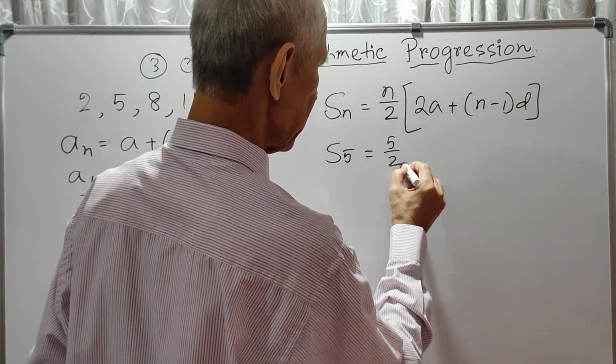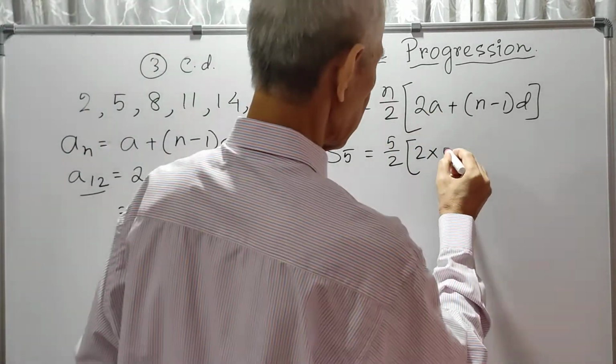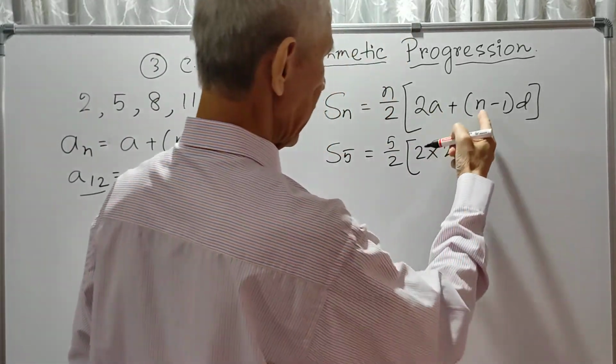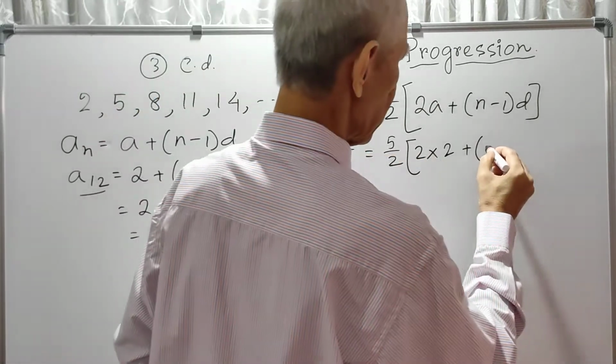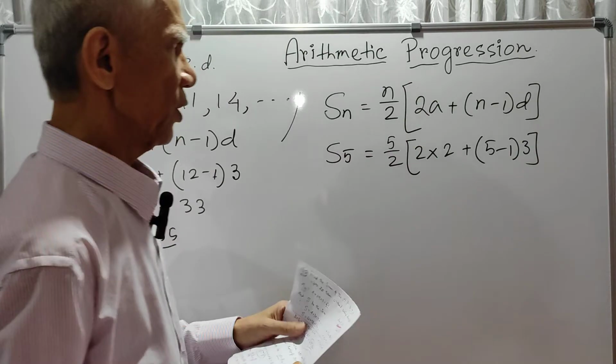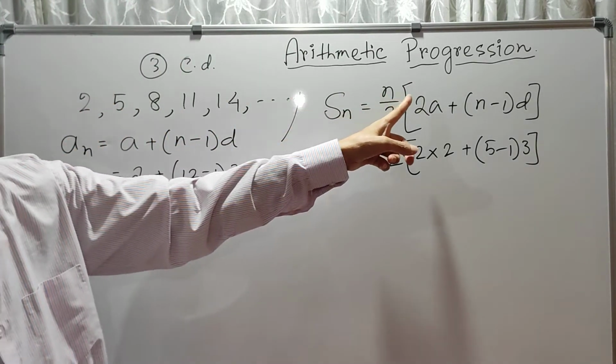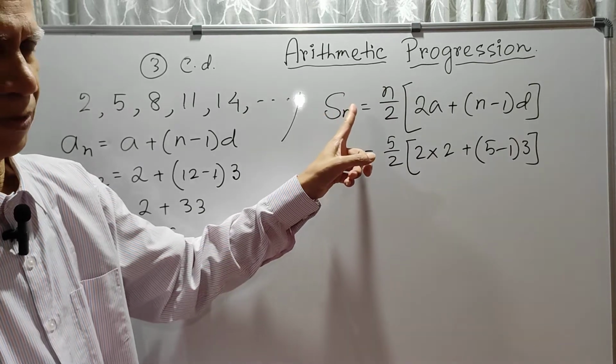5 by 2 twice A. What is A? A is 2, plus n is 5, so 5 minus 1, D is 3. So, this is the formula to find nth term, and this is the formula to find out the sum of n terms. All right.